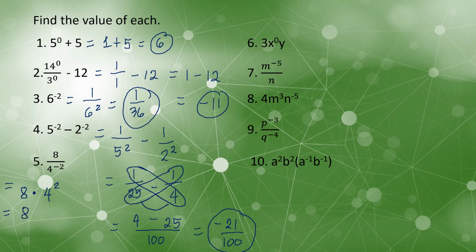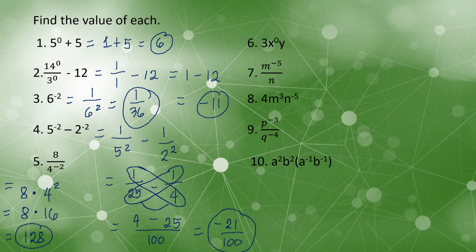Simplify. 8 times 4 squared. What is 4 squared? 4 squared is equal to 16. So we have 8 times 16. 8 times 16 is equal to 128.